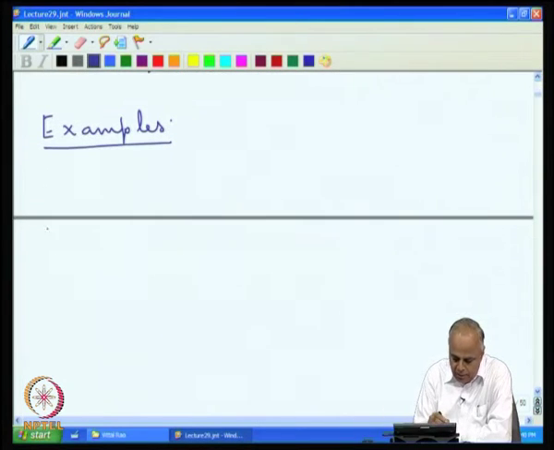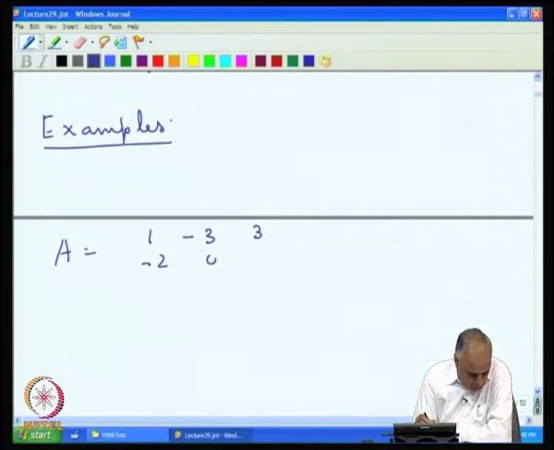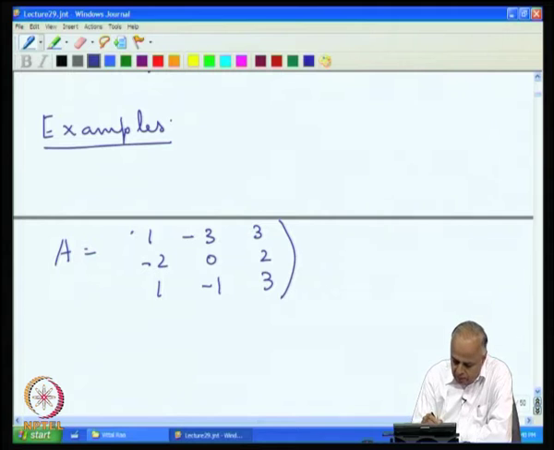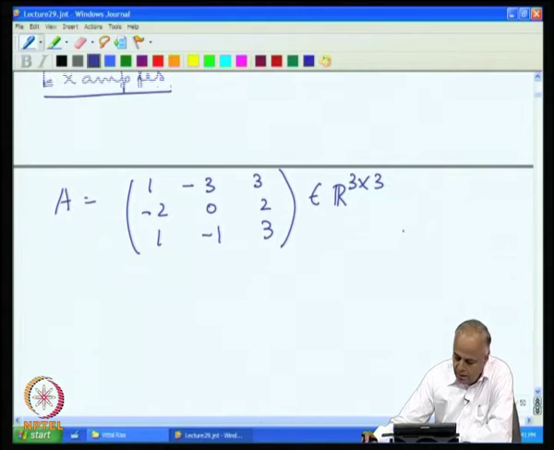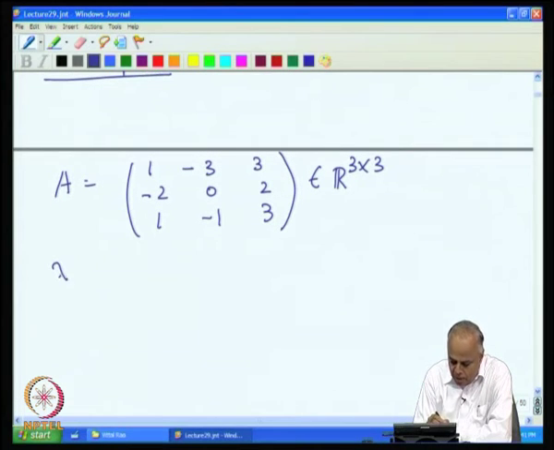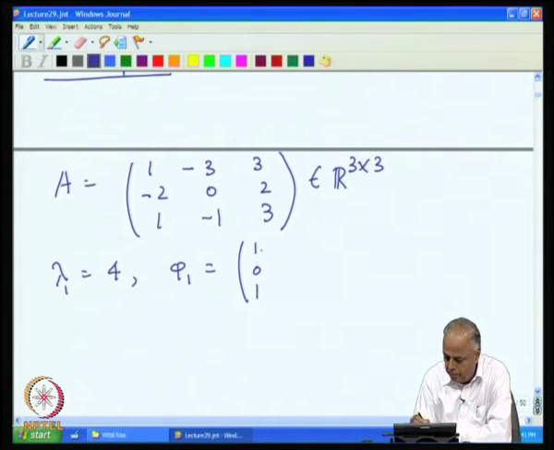Let us take the matrix A: 1 minus 3 3, minus 2 0 2, 1 minus 1 3. It is a matrix which is all real entries and it is a 3 by 3 matrix. Let us consider the number lambda 1 equal to 4 and the vector phi 1 to be 1 0 1.